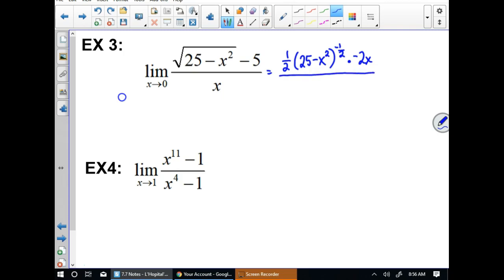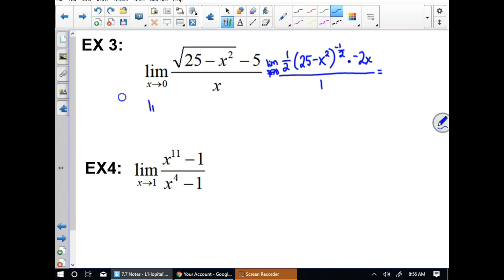What do we get when we take the derivative of the bottom one? Alright, so now I'm going to simplify this up a little bit because technically I should still have my limit notation here.